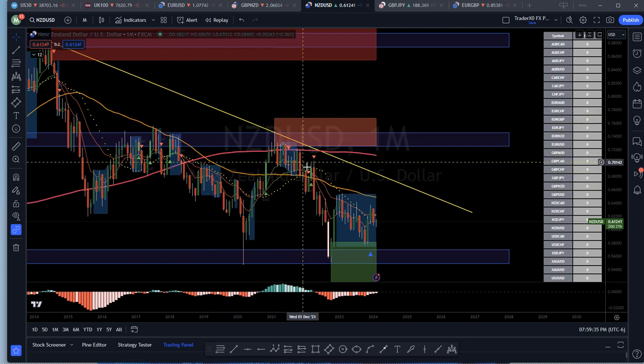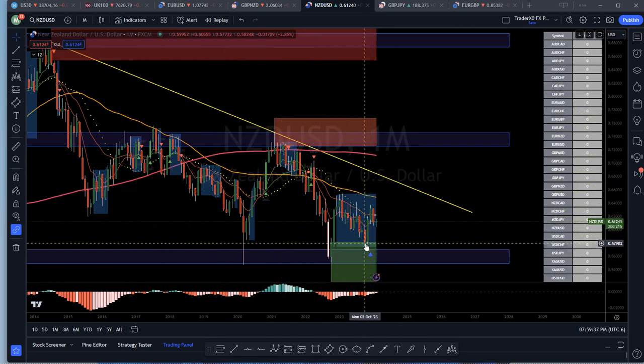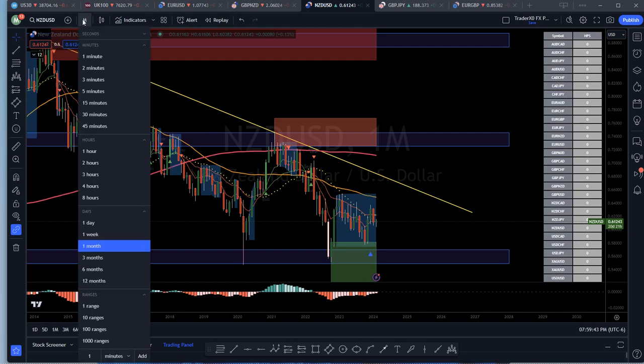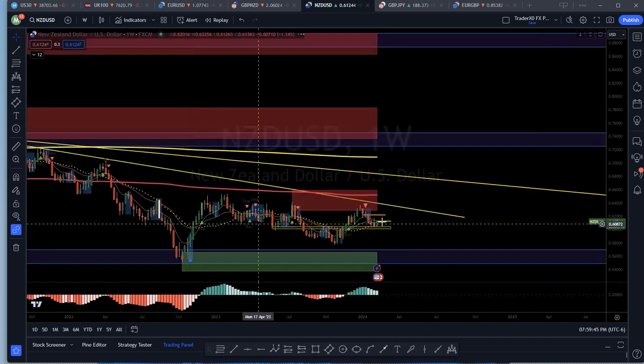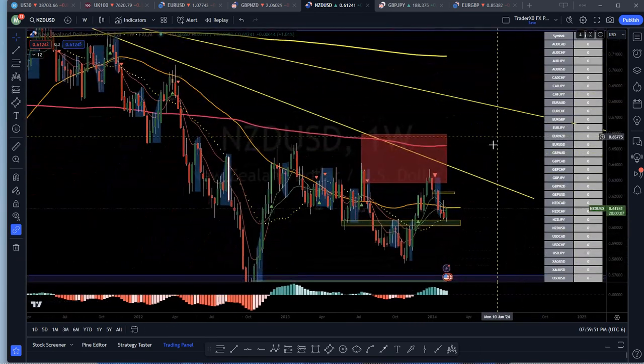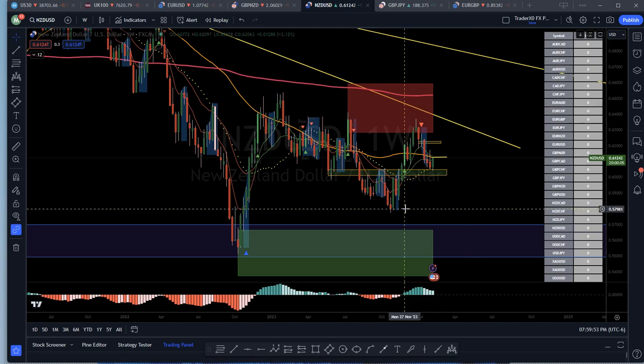Now, this is the same as the other ones I just did, but you see this one here is trying to come up. Okay, the real breaker structure on this one here is you go down to the weekly and you'll see it above this area right here.